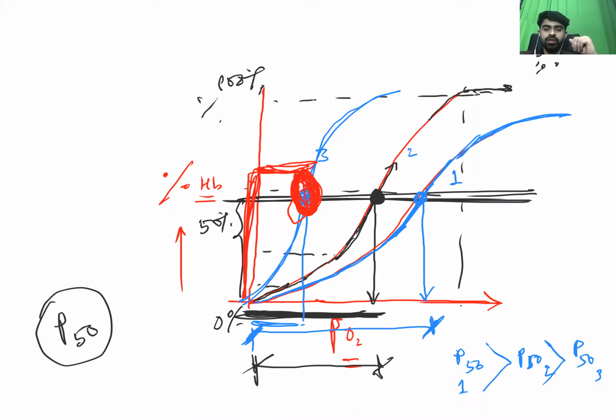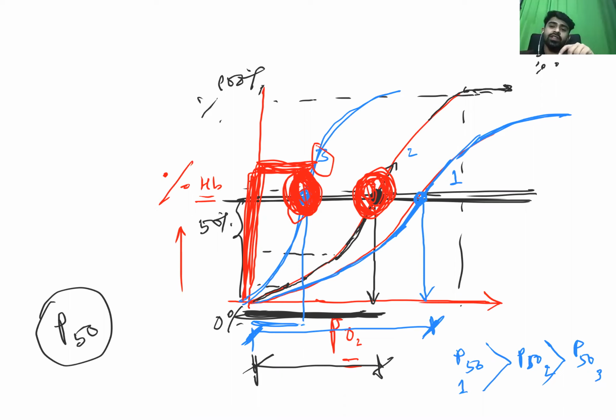Only with a very small amount of oxygen, you are getting 50% saturation. Yes or no? Yes. So here the attraction of hemoglobin to oxygen is more or less? More. In the case of 2, compared with 3, the attraction between the oxygen and the hemoglobin is more or less with respect to 3? Less.